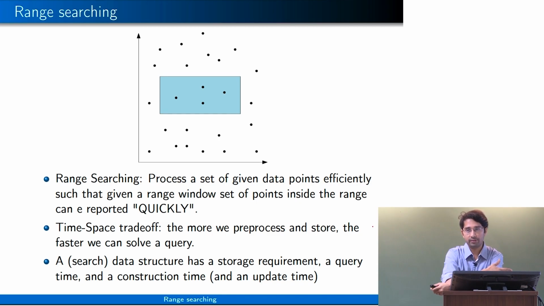So, you can understand that the data structure we will build only once, and maybe infrequently we will make some changes to it. But these queries will come much more often. For example, if you look at Google, how many new pages does it index every day?